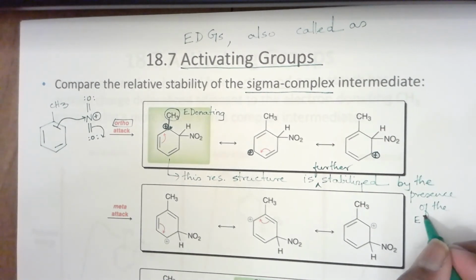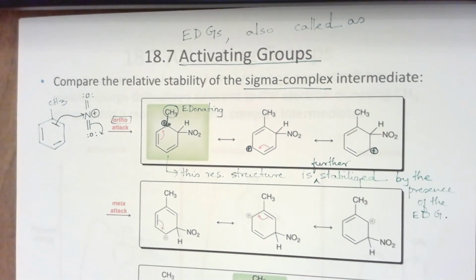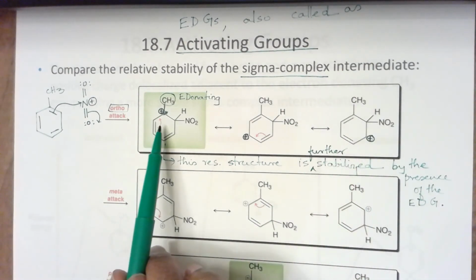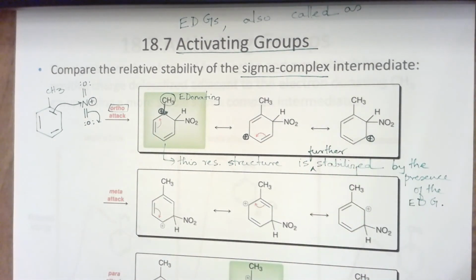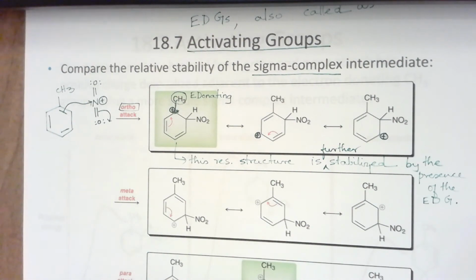I'm sorry, electron donating group. All right, so you have 3 structures, but one is extra stable. So you might have something like 50% of this, 25% of that, and 25% of that, if you remember resonance contributors from chapter 2, I suppose.